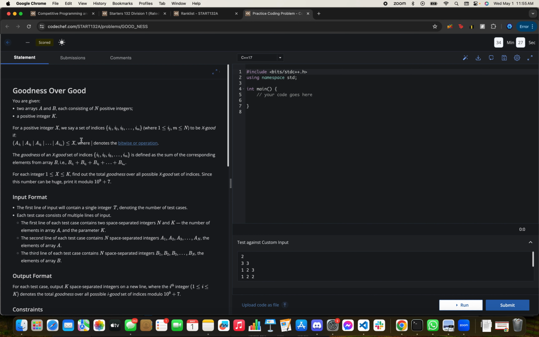I see. Okay. I guess we could just do DP but with non-sum, right? Oh, I see. I see what we can do.